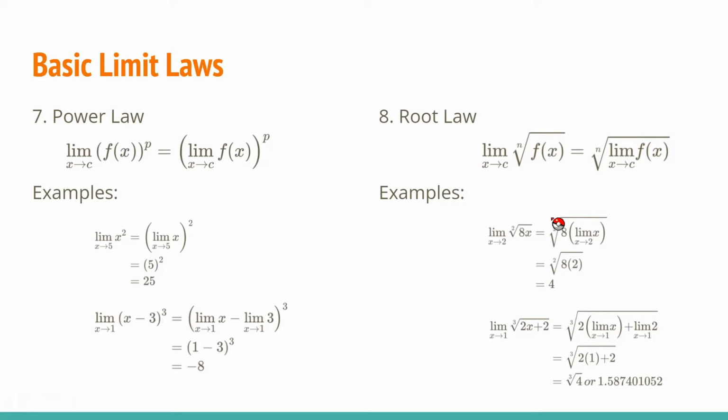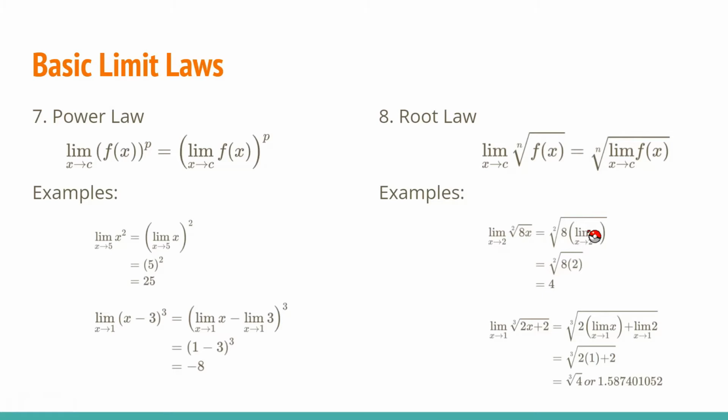For the examples of root law, the limit of the square root of 8x as x approaches 2. So again, we just simply have to find the limit first of the function before we include the roots or we find the root. So we have to find the limit of 8x.